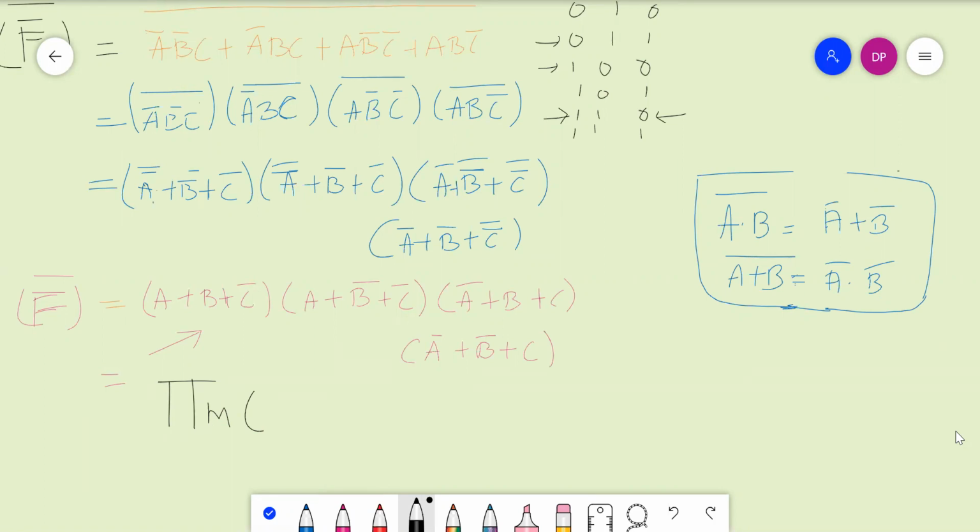It is 1, where C complement is there. So this is 3, this is 4, and 6. So what we got here is 1, 3, 4, 6. Let's check.